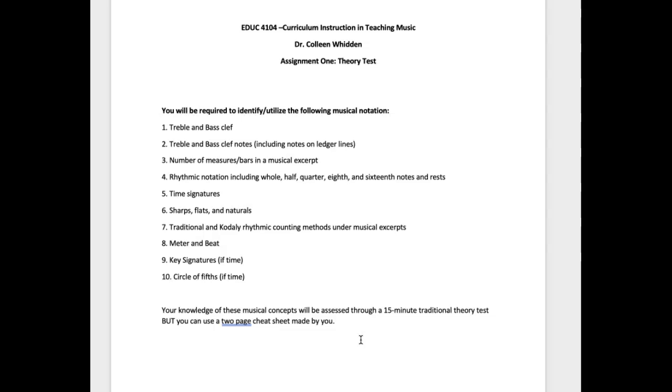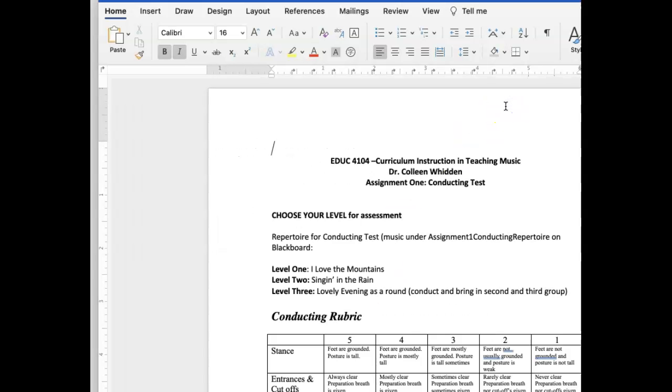But you can use a 2-page cheat sheet made by you. So you can have basically all the answers that you want on the cheat sheet. If this is really new to you, your cheat sheet might be quite full. And if this is pretty old hat to you, you might just want to write down a few things. That's the first part of assignment 1.